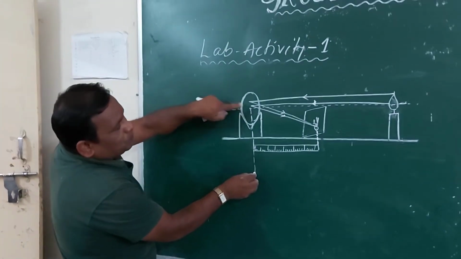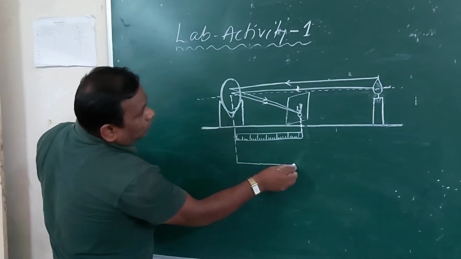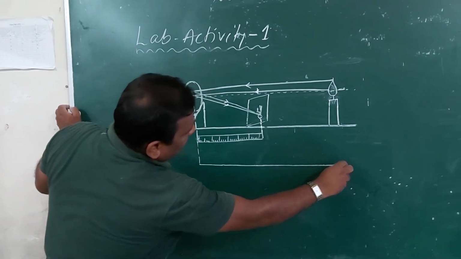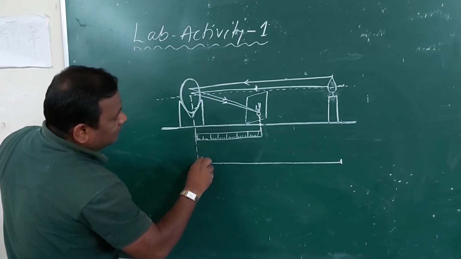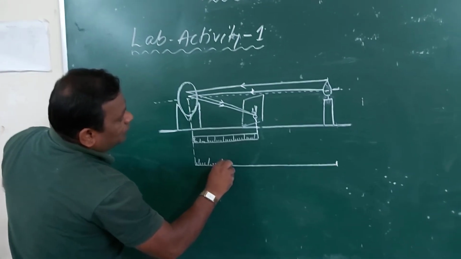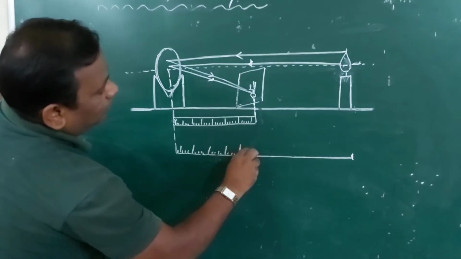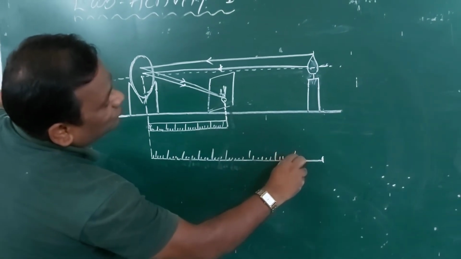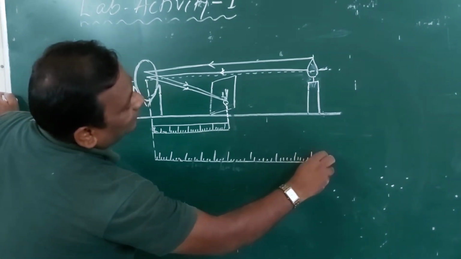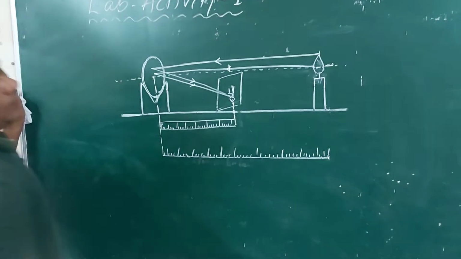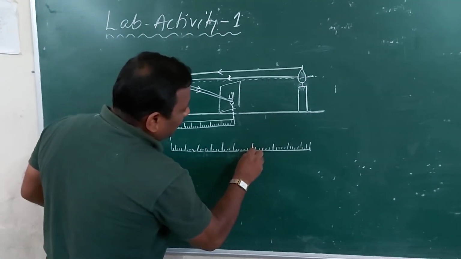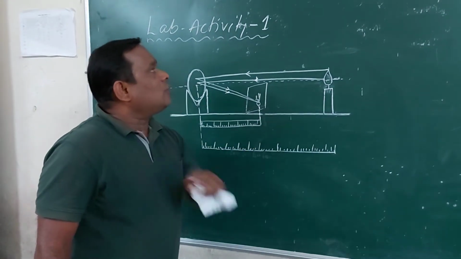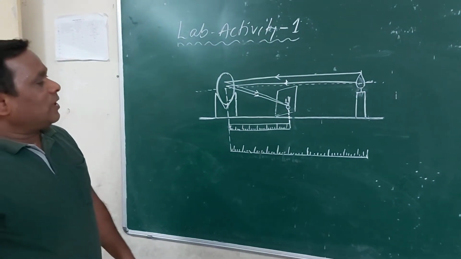So from this pole to the candle, this distance is the object distance, right? Whatever you may use, scale or measuring tape, you can easily find out the image distance as well as the object distance, right children?